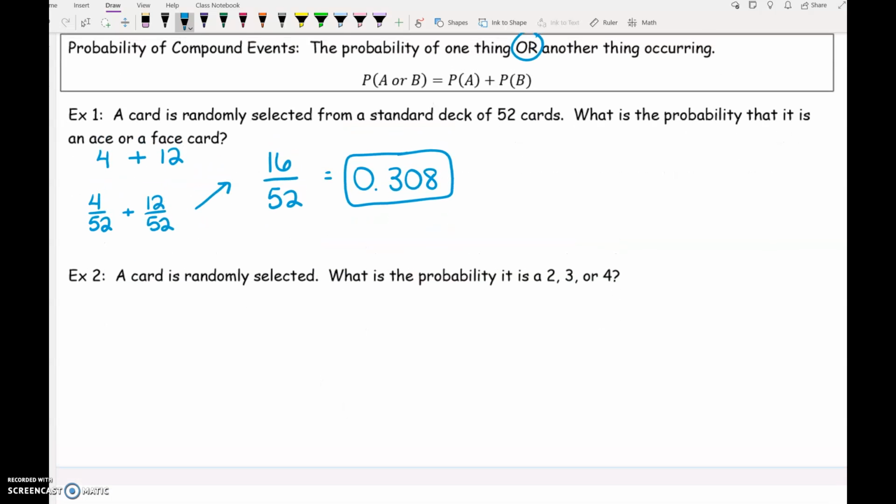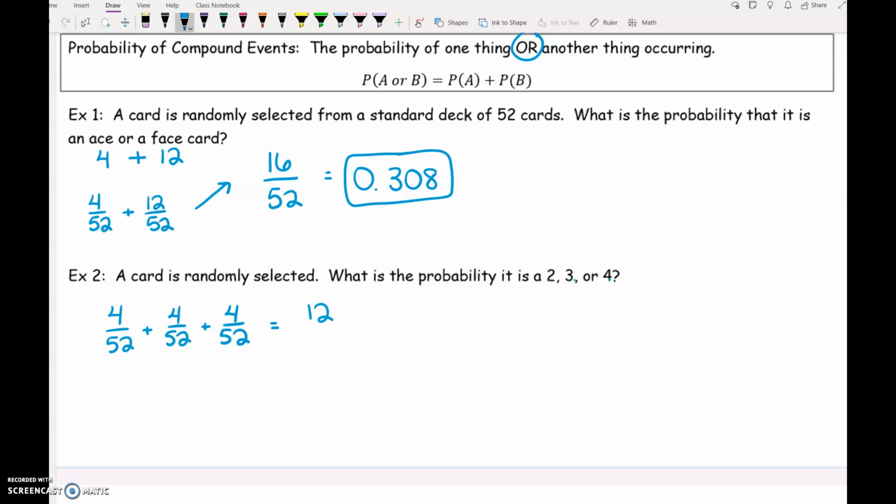A card is randomly selected. What is the probability it is a 2, 3, or 4? So there's 4 ways for it to be a 2. There's 4 ways for it to be a 3. And there's 4 ways for it to be a 4. That is the same as 4 plus 4 plus 4 is 12.